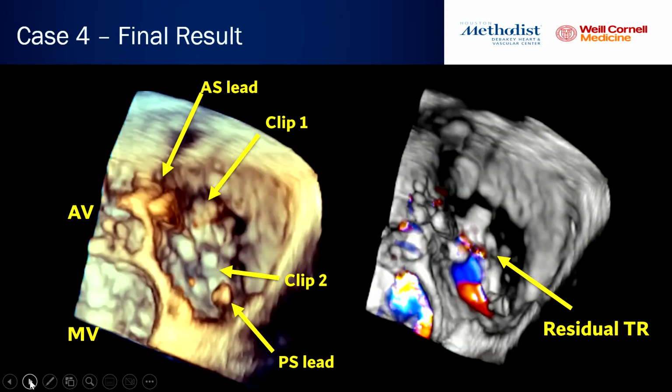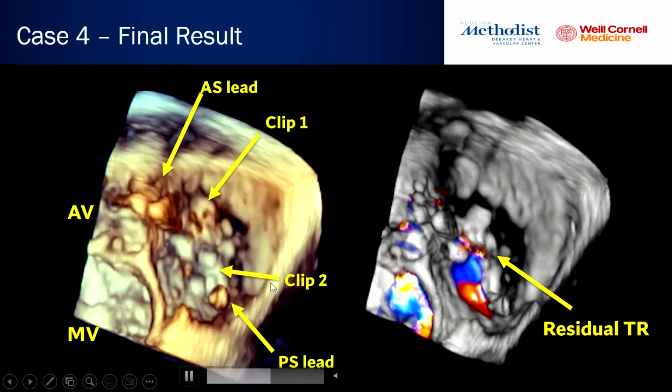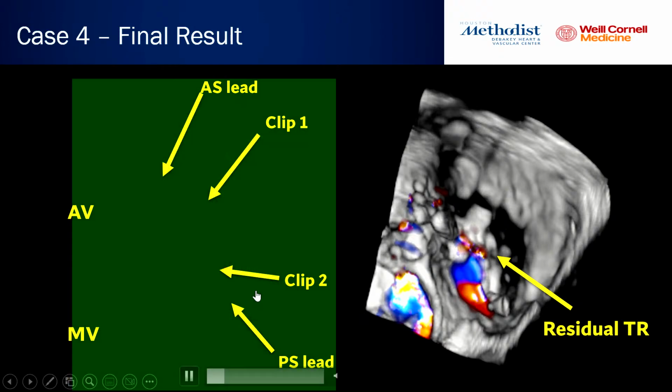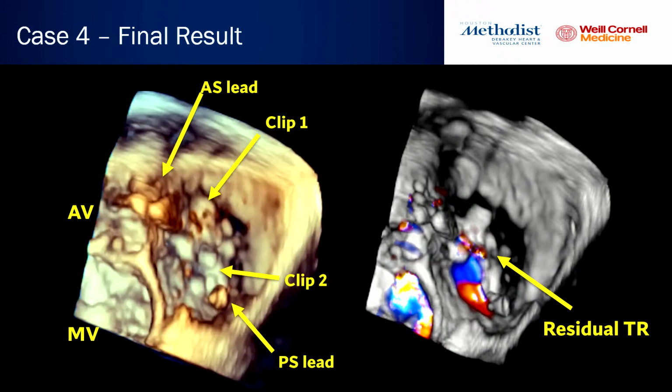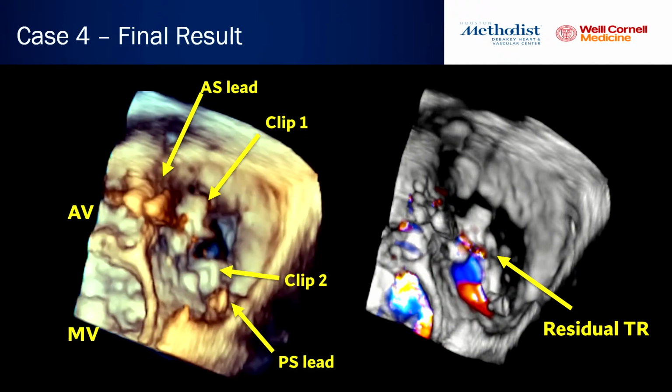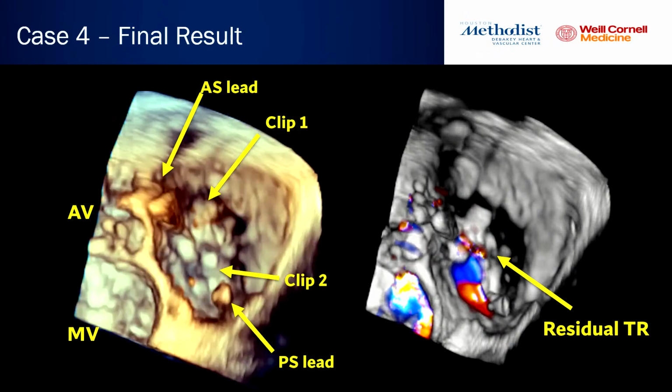So in this case, we decided to place a second clip. And this second clip was placed right in front of the posterior septal commissure. If you remember this case from the very beginning, the biggest gap on this patient was posterior septal. So we wondered why we didn't clip posterior septal first.